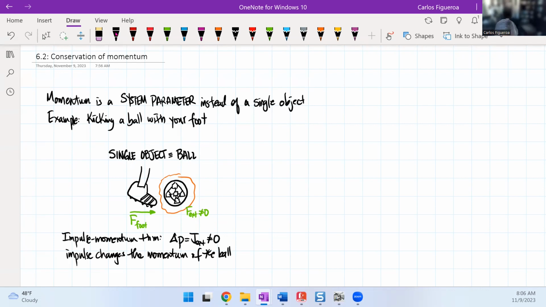Well, what's more important, believe it or not, is not a single object. Momentum is a systems parameter. So now what we have here is a system of objects.